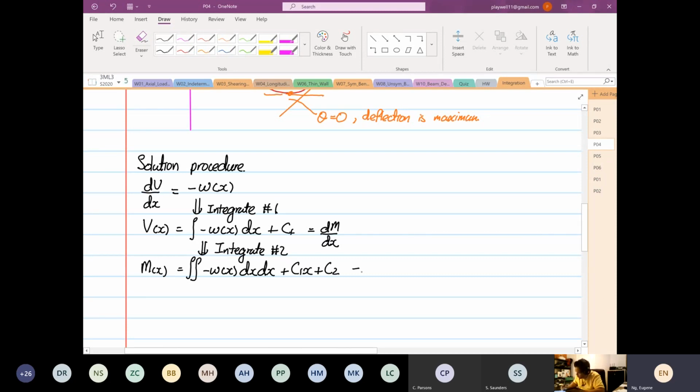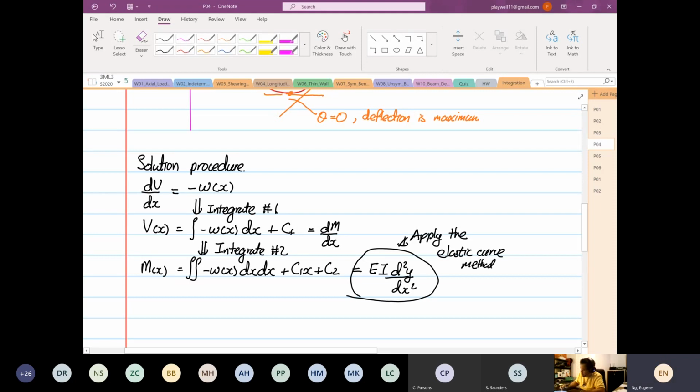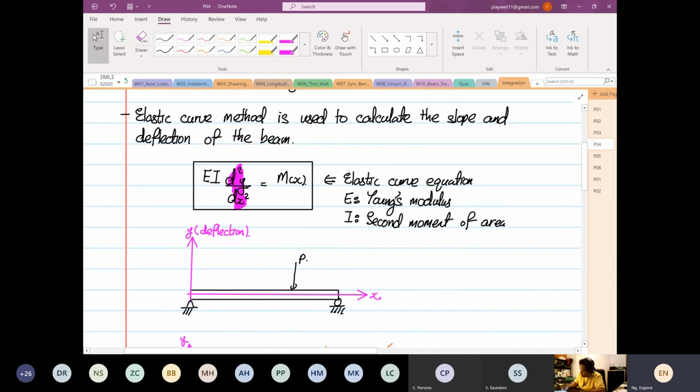Then over here you let it equal to EI d squared y over dx squared. So when you do this step, you apply the elastic curve method. Initially we write EI d squared y over dx squared is equal to M as a function of x.